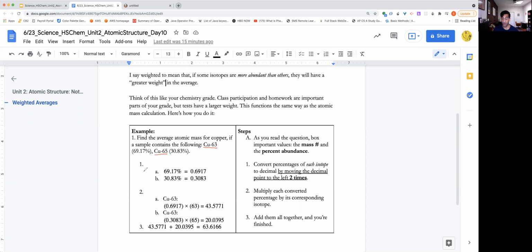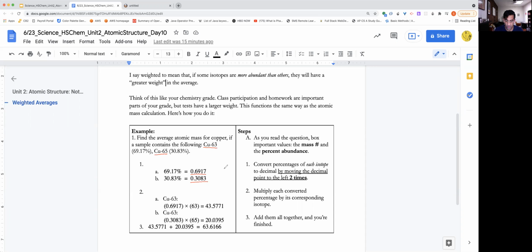It's much the same with more complicated percent values. If I take 69.17 and I move the decimal twice to the left, I'm going to get 0.6917. And if I take 30.83% and I do that, I'm going to get 0.3083. That's all I need to do in step 1. Just convert percentages by moving the decimal point to the left 2 times.